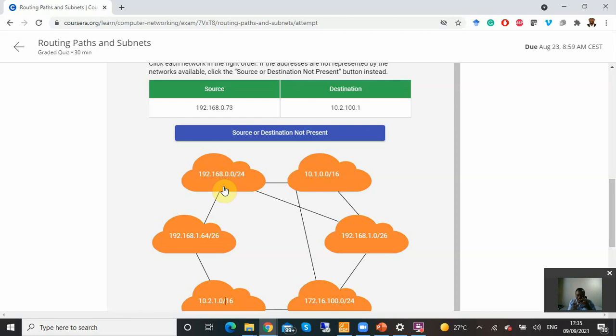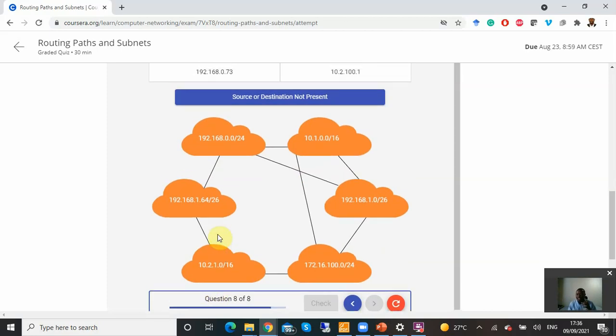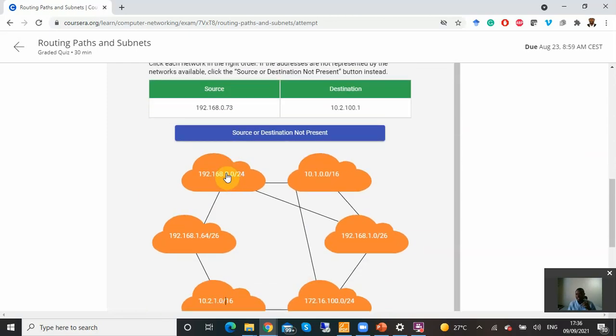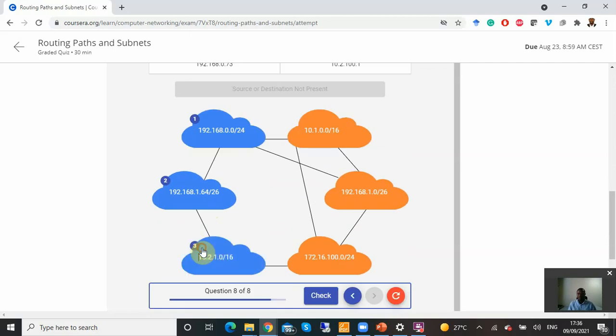It is a kind of logic that we just need to understand. So for this assignment, I'm coming from here to here. And another thing we should take note of, as I've said, is that the last octet is always one step backward, one step behind. Look at this. 0, 1. So let us click. 1, 2, 3.